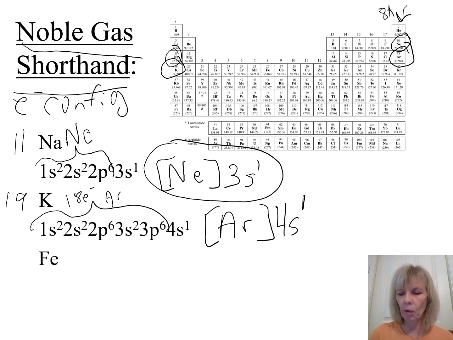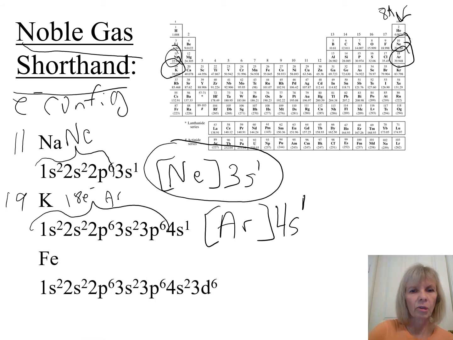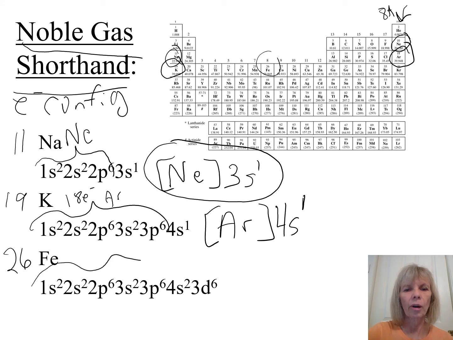Now the next one we have is iron. Iron, we said, had 26 electrons. So we look at iron in our middle section, right here. For iron, the noble gas would also be argon. Argon would again represent these 18 electrons.